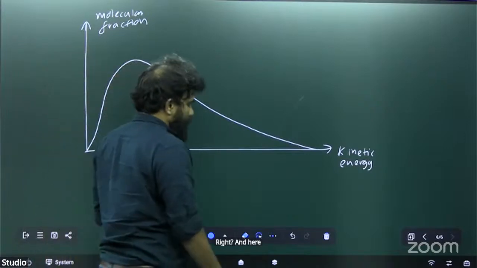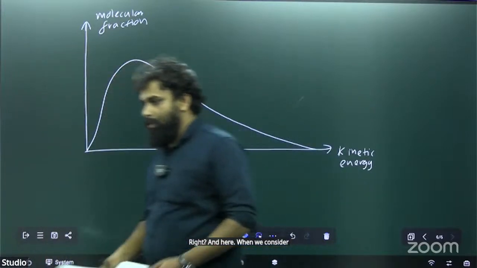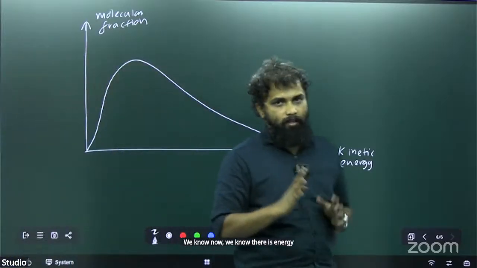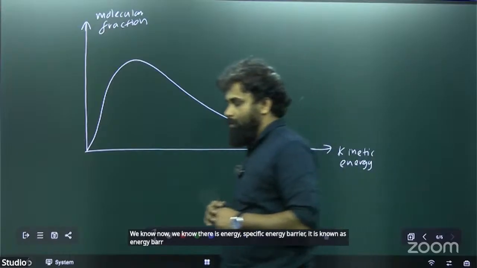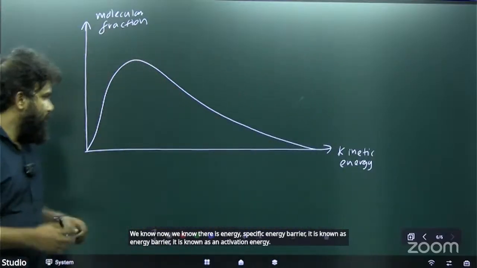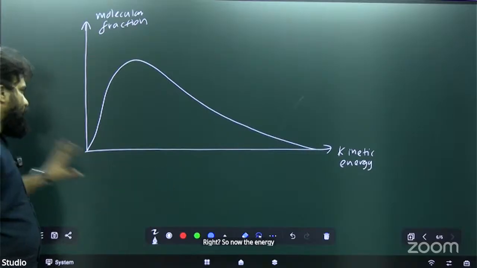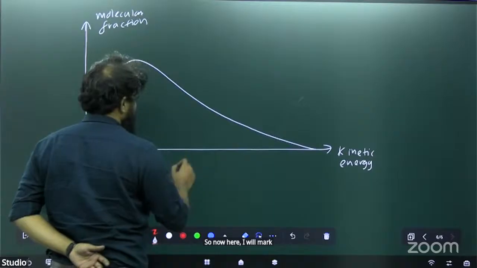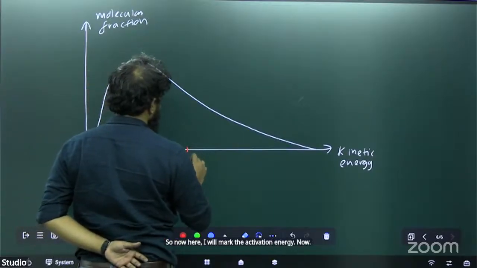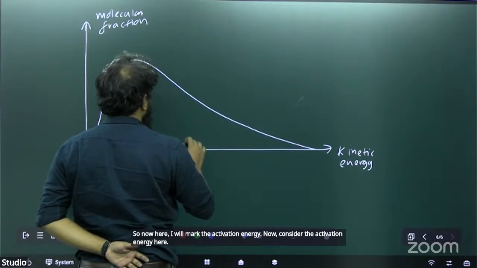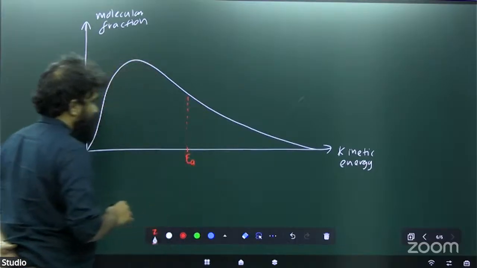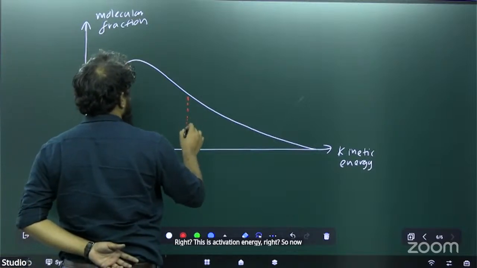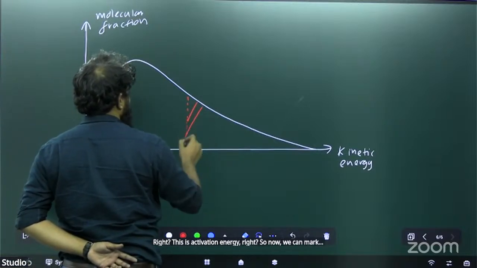And here, when we consider the chemical reaction, we know there is a specific energy barrier. It is known as the activation energy, right? So now the kinetic energy of reactant molecules varies like this. Now I will mark the activation energy here. This is the activation energy, right? So now we can mark this region.